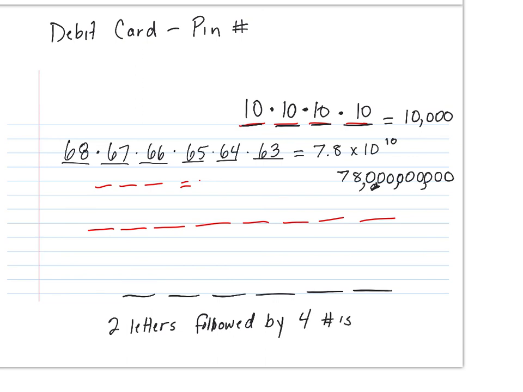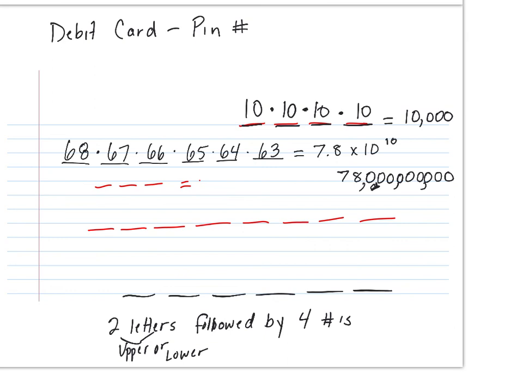Okay, and these letters, they can be upper or lower case. We certainly don't want to do a tree diagram for this, do we? Nor do we want to do a tree diagram for the Powerball or Mega Millions.